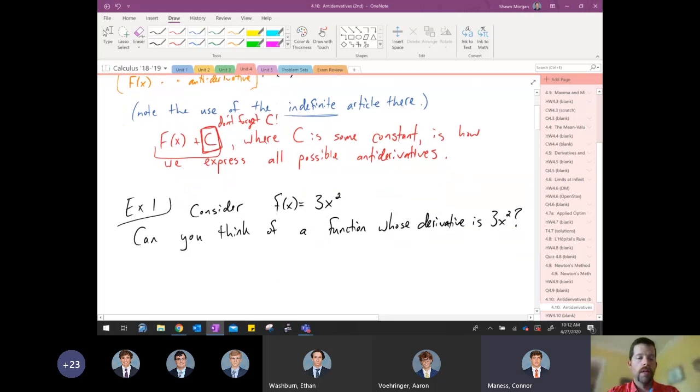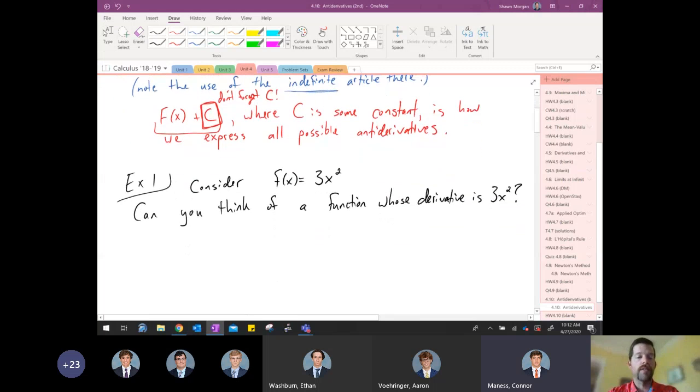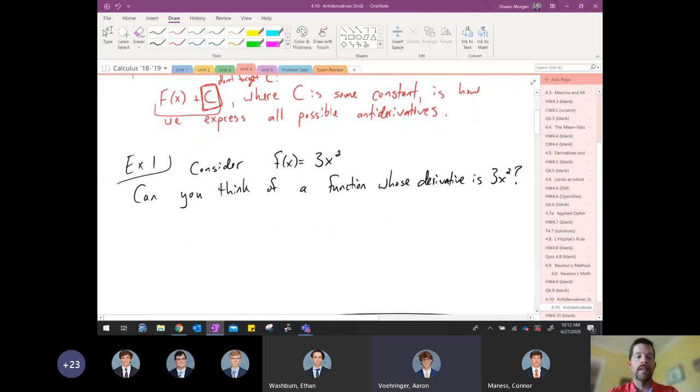All right, let's look at another example. I know I've given you a sidebar already in this vein, but consider 3x squared. I asked the question, can you think of a function whose derivative would be 3x squared? I'll throw this over to Hayden Johnson. What do you think?